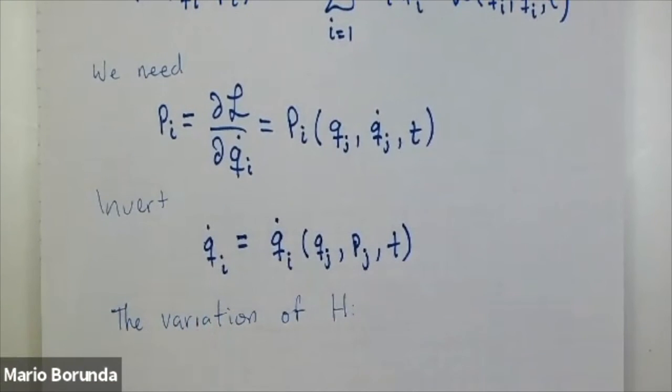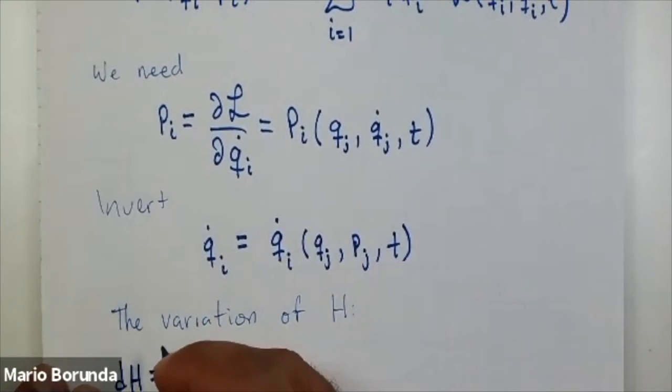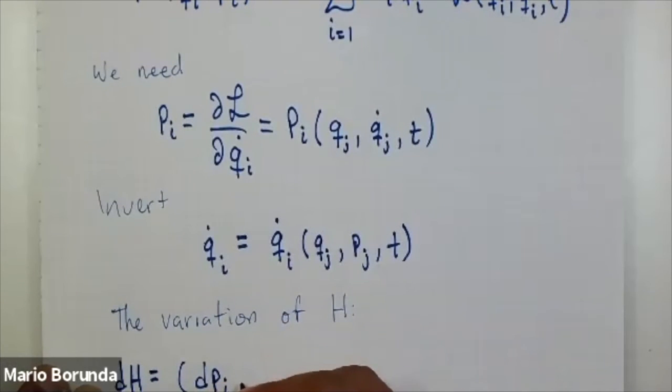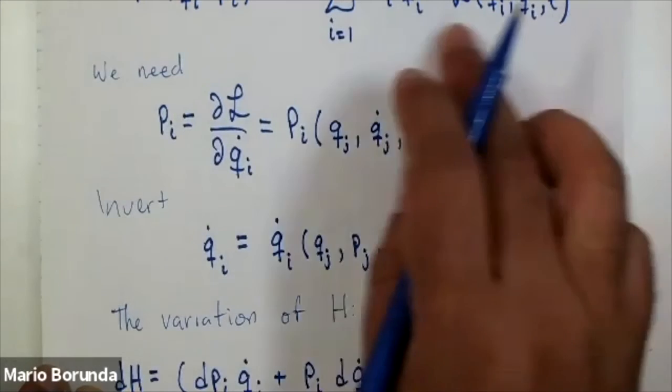In this case, we would have d of h is going to be the first two terms, dpi q I dot plus pi and the total derivative of q I dot, minus, and now we have to look at this one, which is the long one.